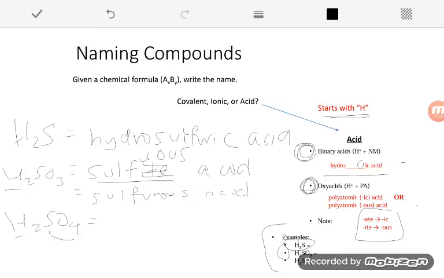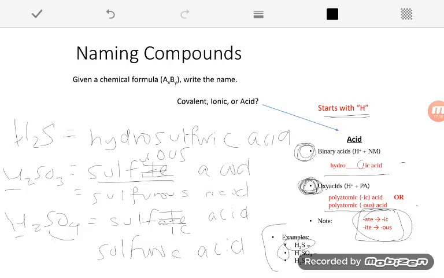But it's paired with a polyatomic, so it must be an oxyacid. So I'm just going to write out the polyatomic name and then the word acid. SO4, that's sulfate. And then I'll write the word acid. And I say, okay, I'm going to cross out the ate and turn it into ic. So I will rewrite this sulfuric acid.